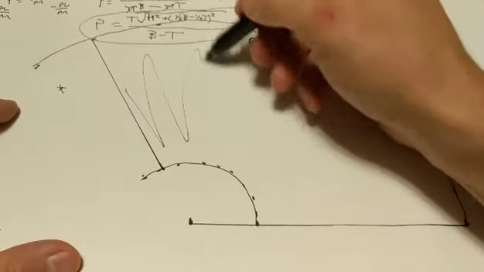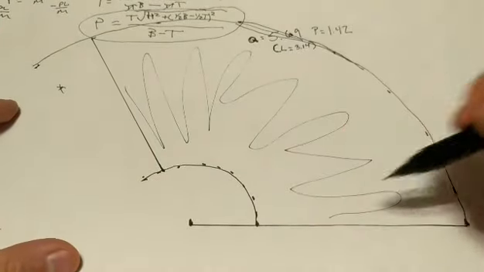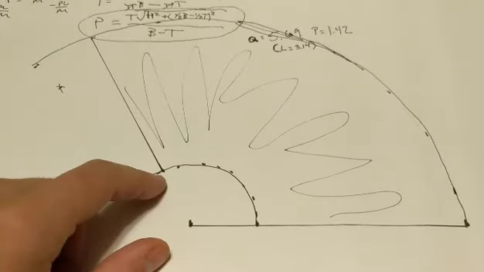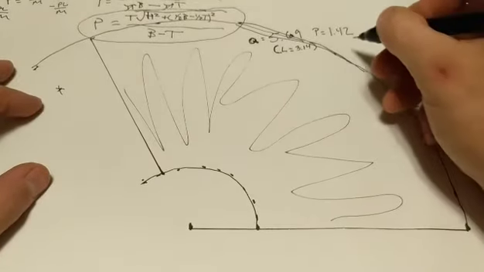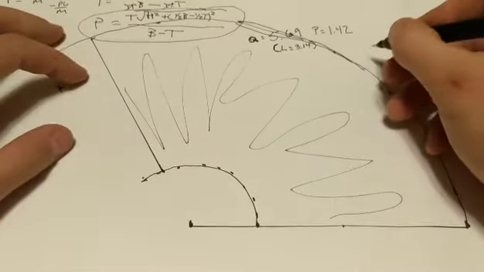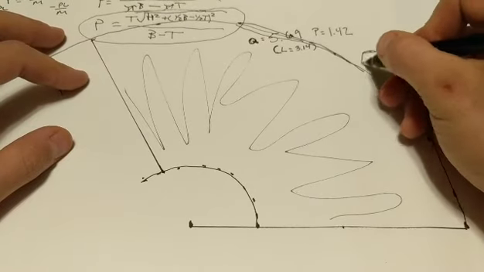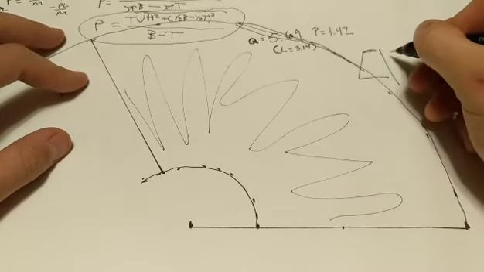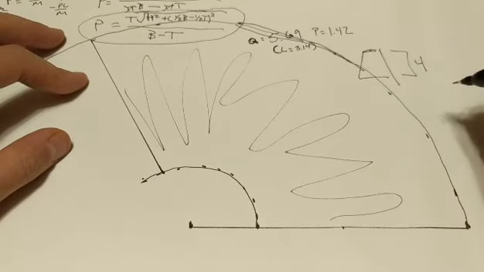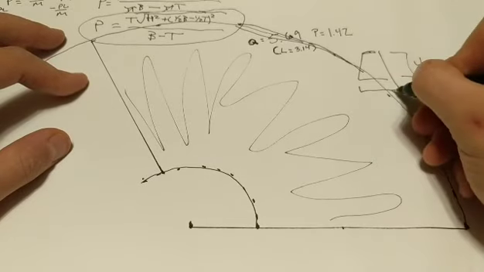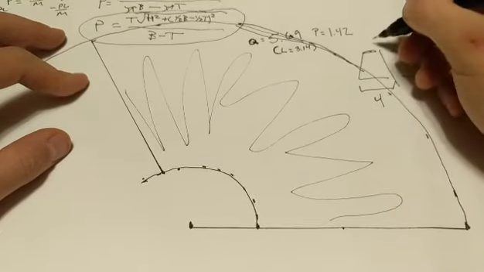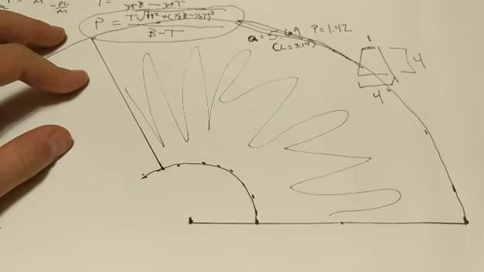So this area here would be my template that when I put it together, when I match up these two sides, will give me a cone that is 4 inches high, bottom width of 4 inches, and top width of 1.